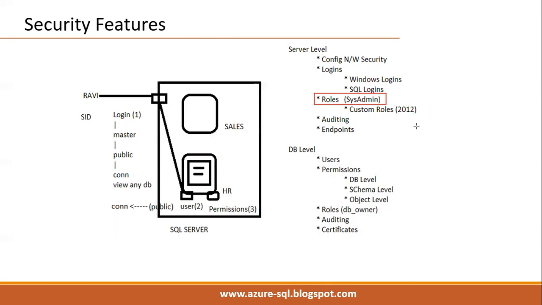We can create a role and just grant the permissions to the role. I'm not granting permissions to individual employees, I'm granting permissions to the role. After granting permissions to the role, we can add members into the role.